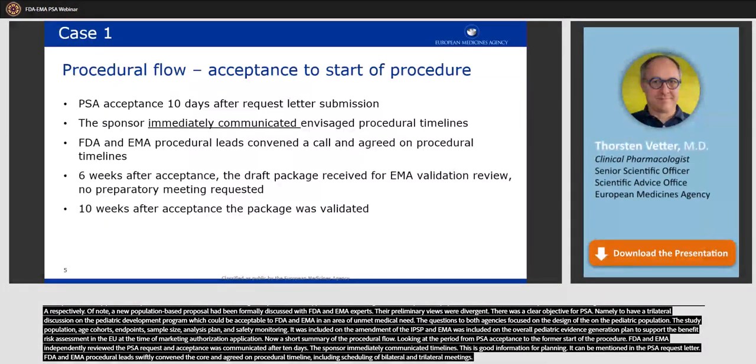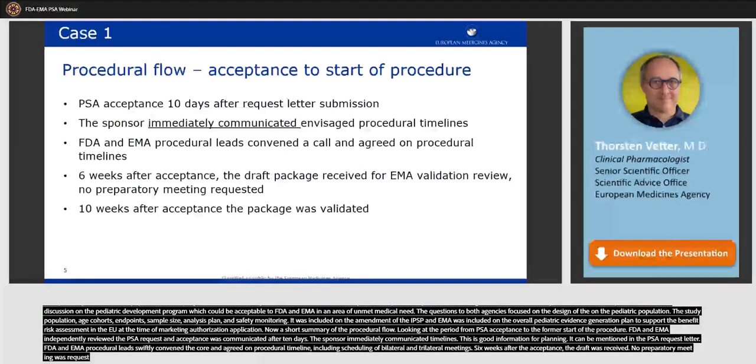6 weeks after PSA acceptance, the draft package based on the EMA scientific advice briefing document template was submitted for EMA validation review. No preparatory meeting was requested. An addition of a preparatory meeting would add 3 weeks to the validation period at EMA.